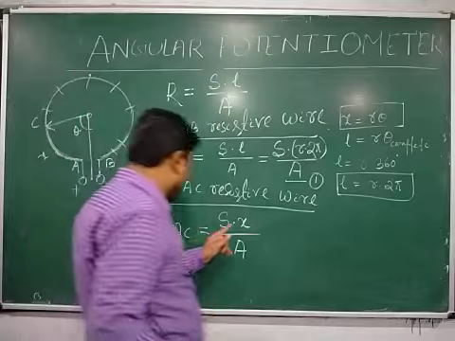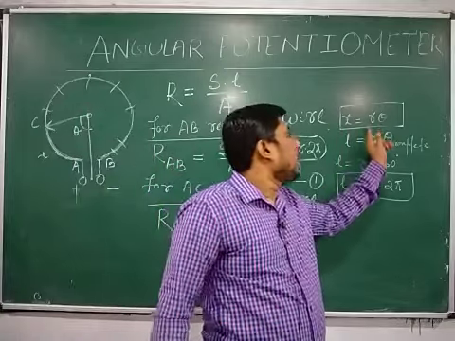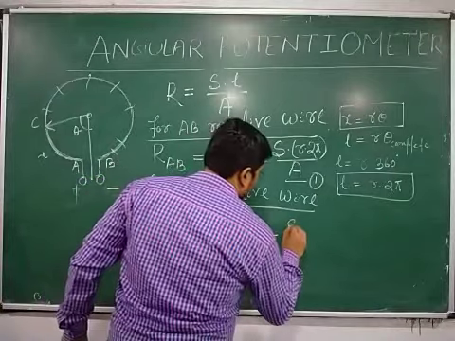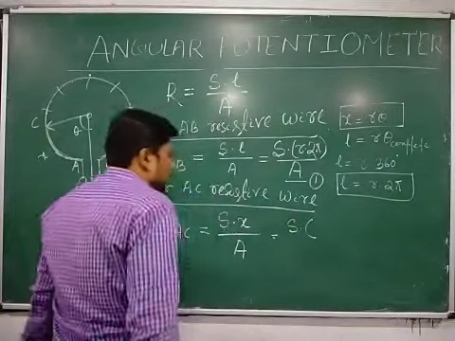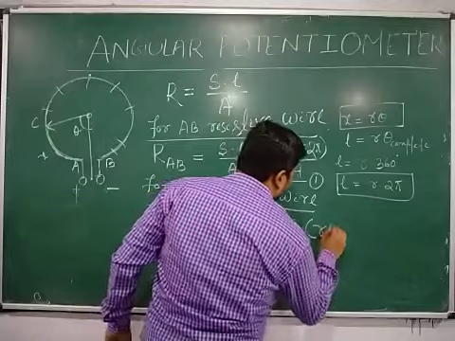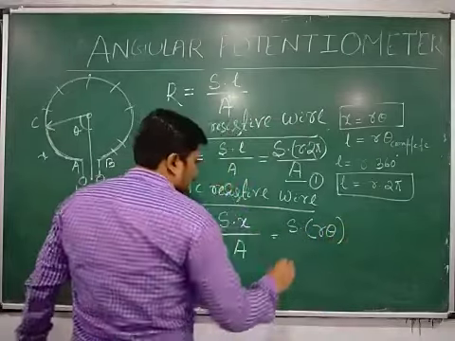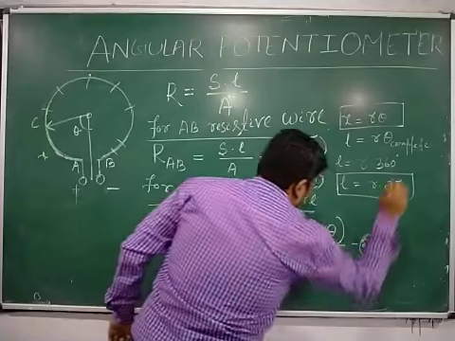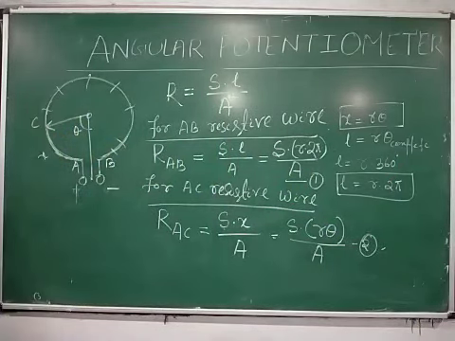But I know the value of X. X is R into theta. So it will be S into R theta whole divided by A. This is equation number 2.